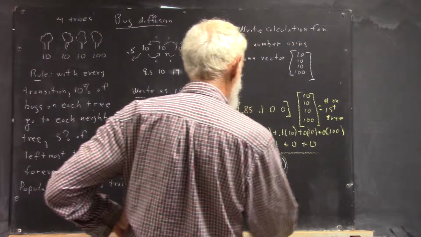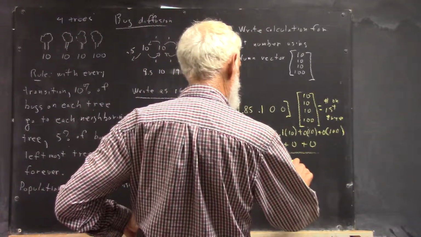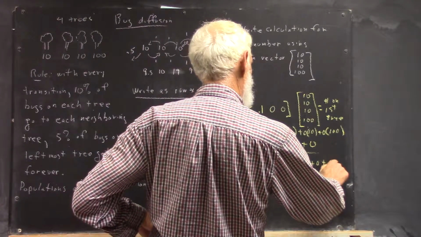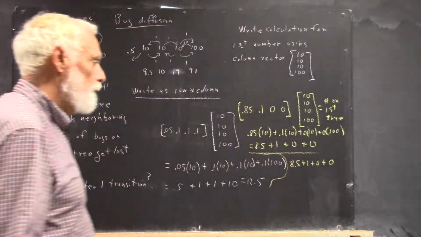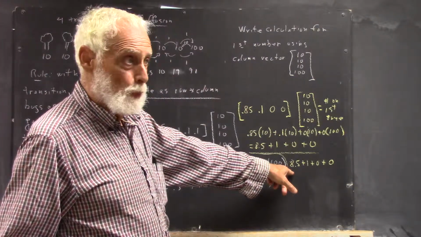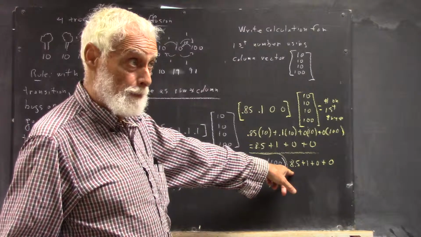Equals this. I'm going to write that down here. This is the 8.5 bugs that were originally on the tree that still are, right?